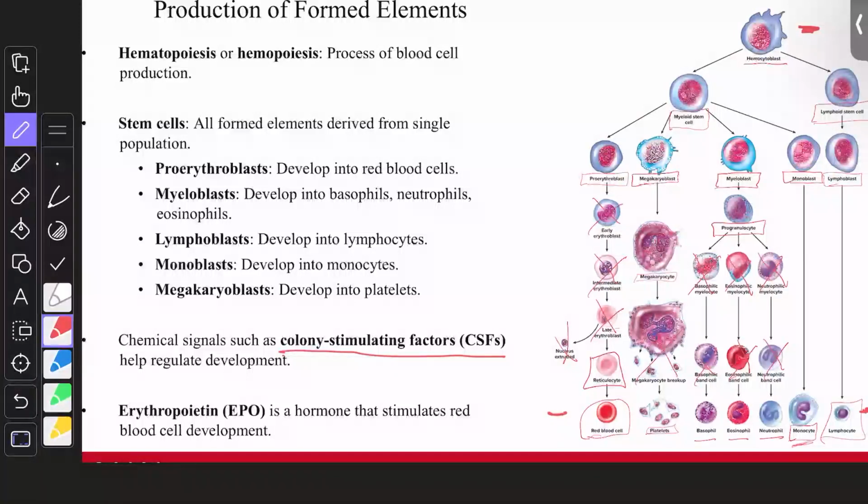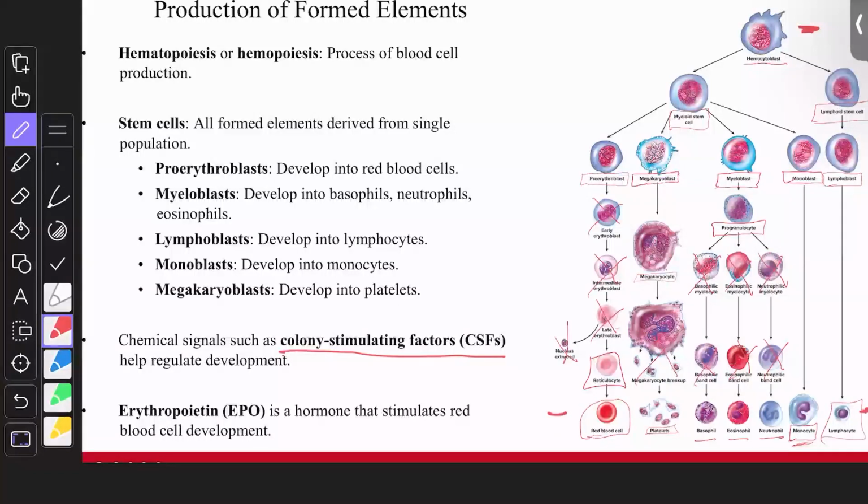Okay. Different kinds of white blood cells are stimulated by different colony stimulating factors. And that is what helps determine whether that progranulocyte becomes the basophil, the neutrophil, or the eosinophil. Okay, that's all you need to know about those. Okay, that's their job. That's all you need to know for my purposes.